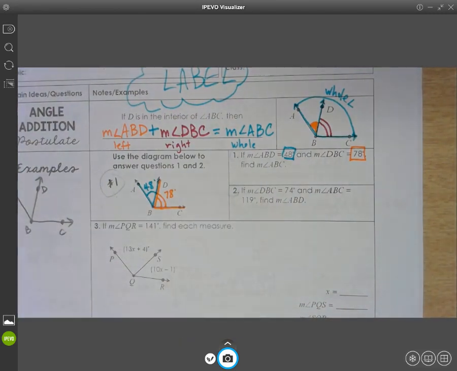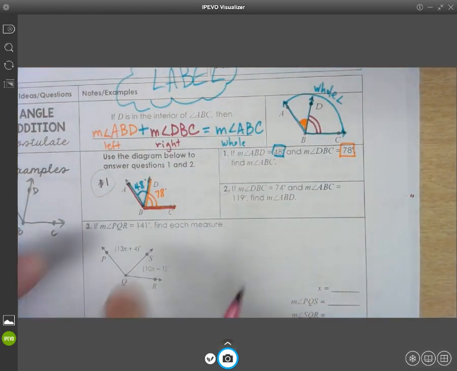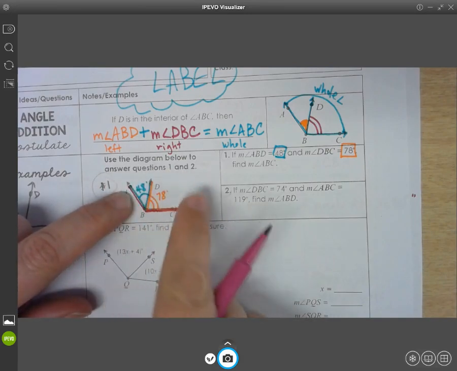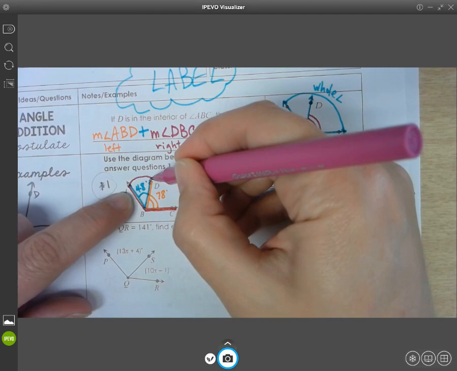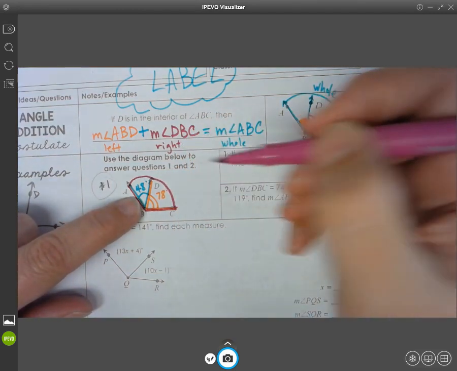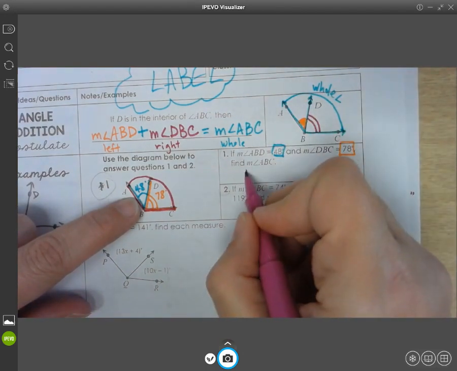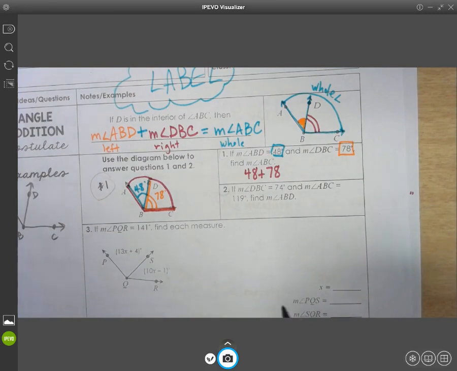Then it says find the measure of angle ABC. Do you see how that is the whole thing? So this big angle is all of this plus all of that, right? So together, 48 plus 78 will equal the whole thing.